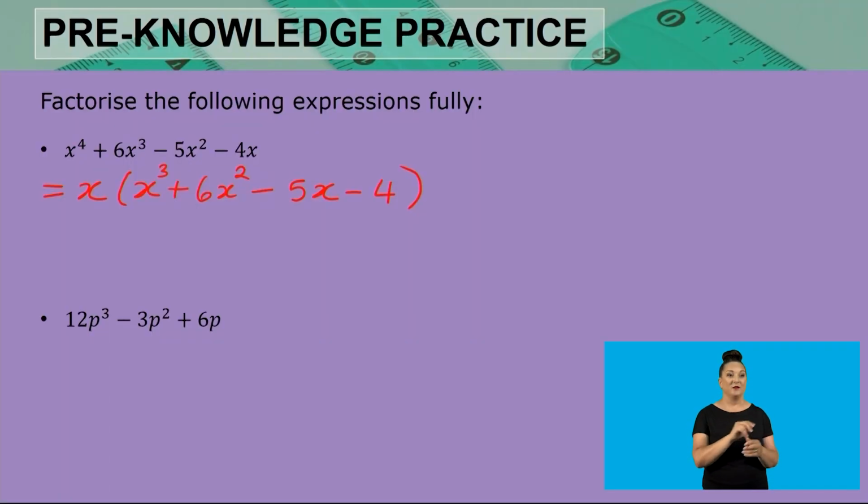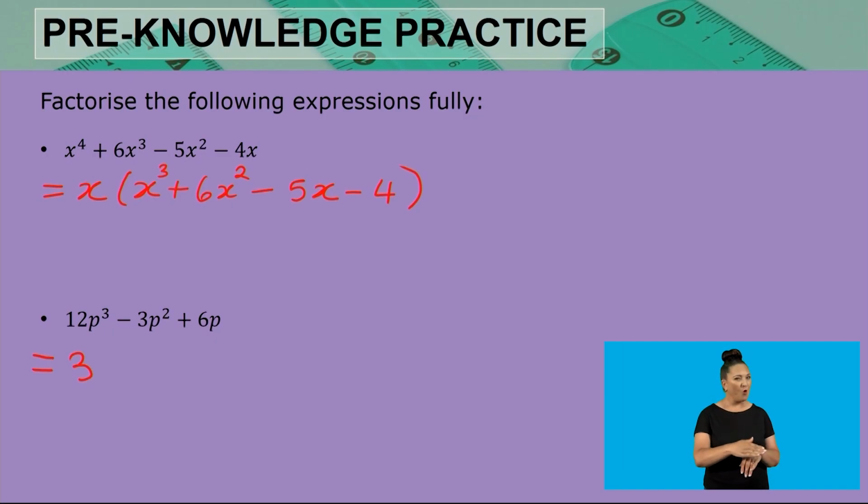Let's look at another one where we factorize by finding the highest common factor. The next one that we've been given is 12p cubed minus 3p squared plus 6p. What is the common factor with that expression? If you look through that expression, we do have a common factor of 3, but that is not the only common factor.